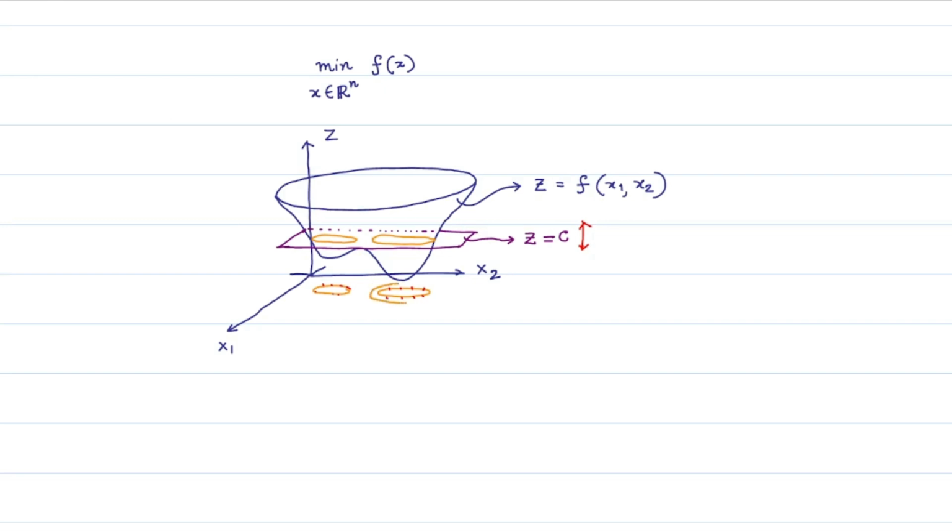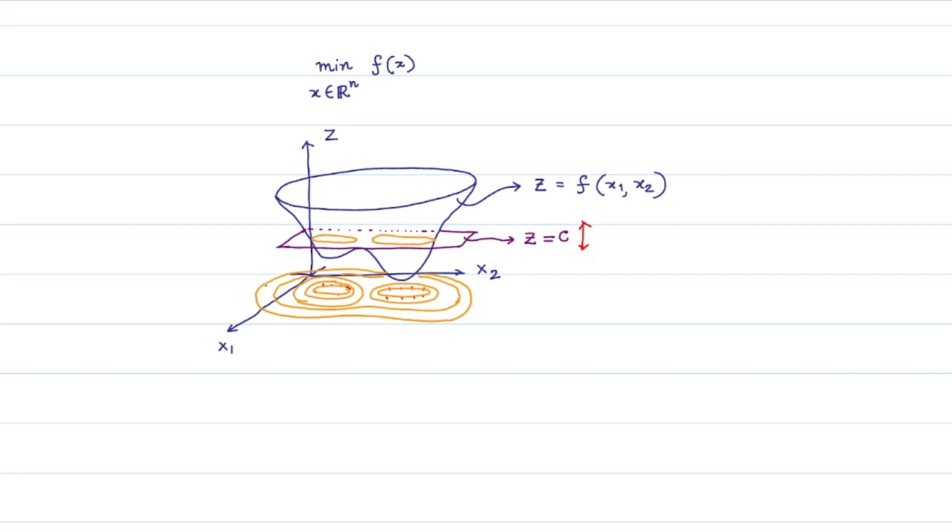You will get the level curves of the function f(x1, x2). So for different values of c, the level curves will look like all these sorts of curves. These are all level curves of the function z equals f(x1, x2).